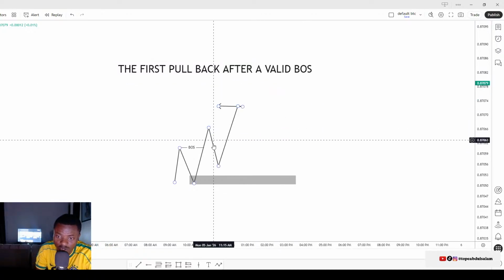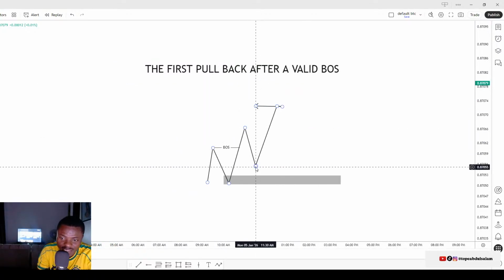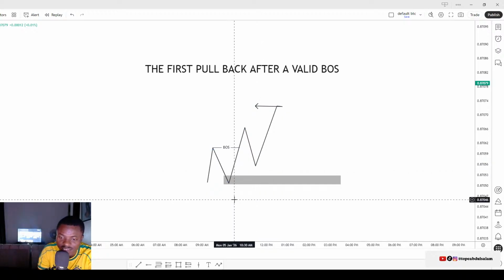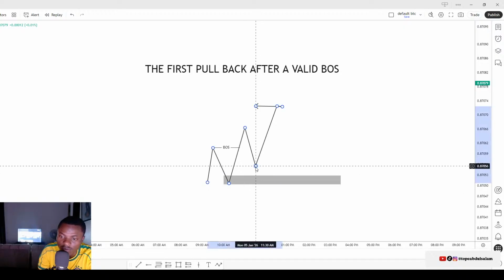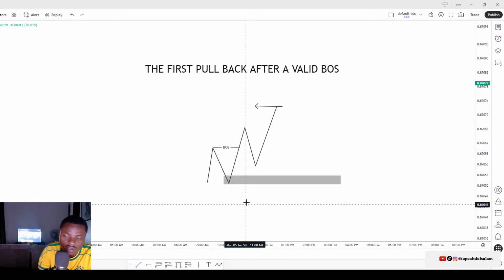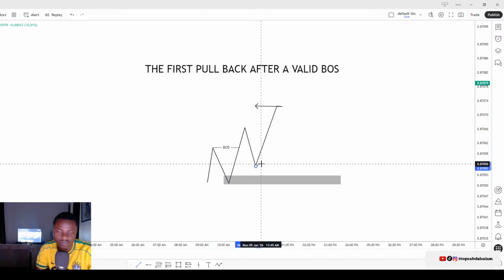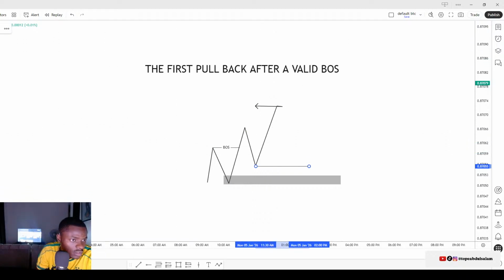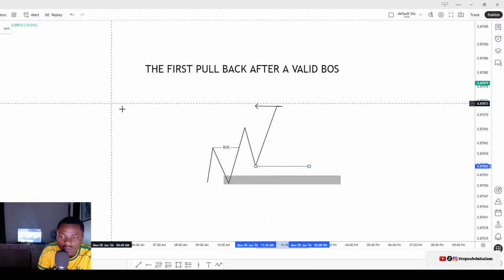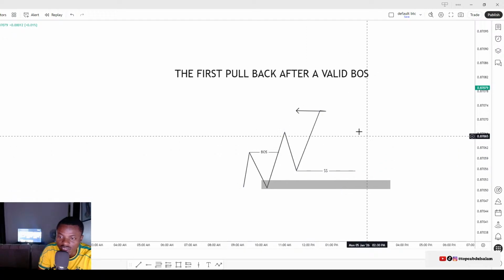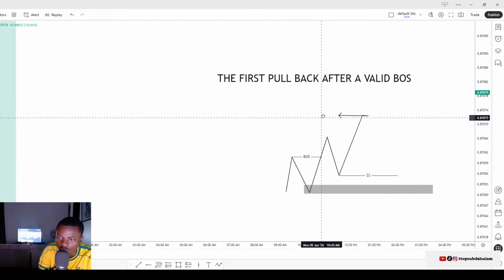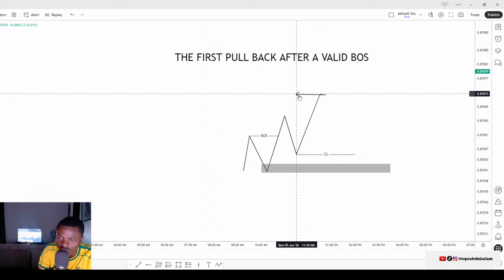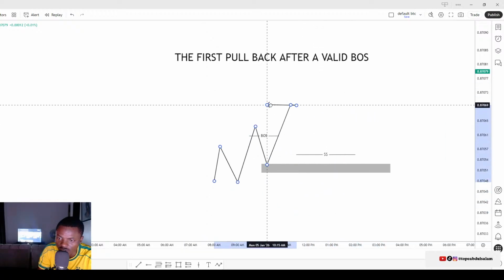The first pullback. So this is our internal range liquidity. This is our structural liquidity right here. This low right here is our structural liquidity. So that's a liquidity, and we can look for price to come back here and give us an entry from here.